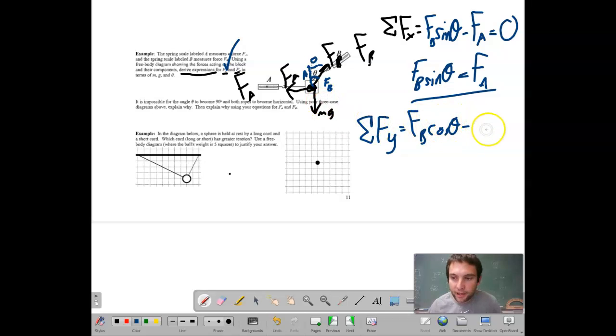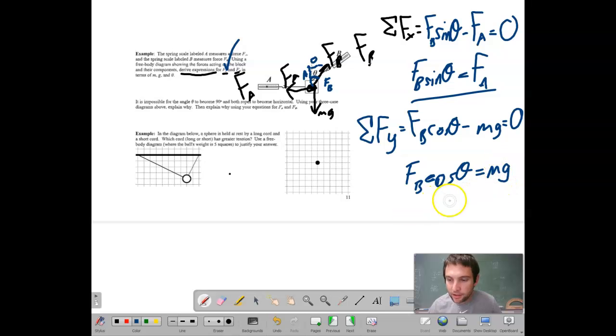And the stuff holding it back is going to be mg. It's not moving, so all of that equals 0. Okay, so when I add mg to each side, FB cosine theta equals mg. And then getting FB all by itself, I'll divide cosine theta from each side. And I find out that force B equals mg over cosine theta.